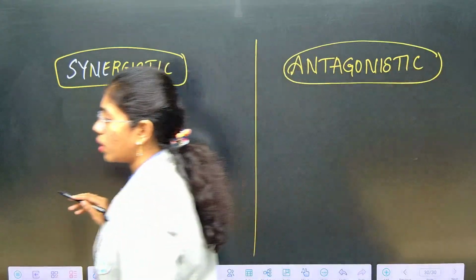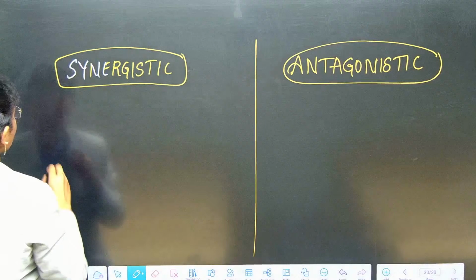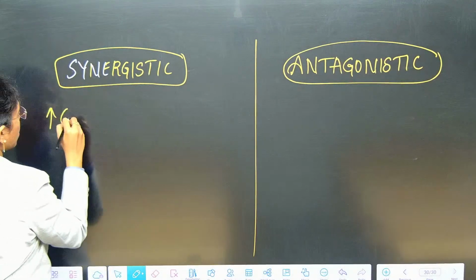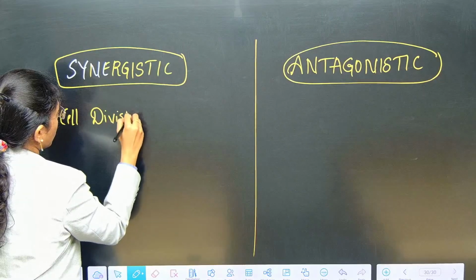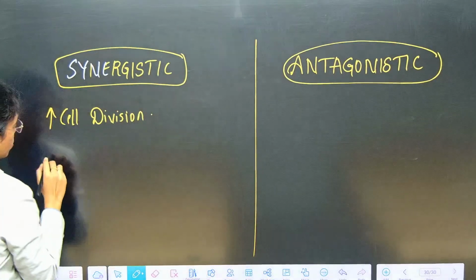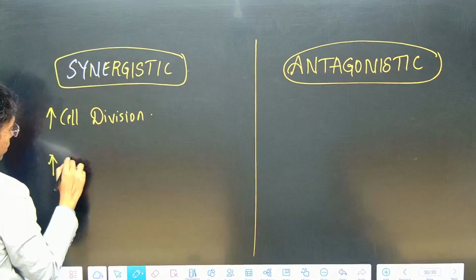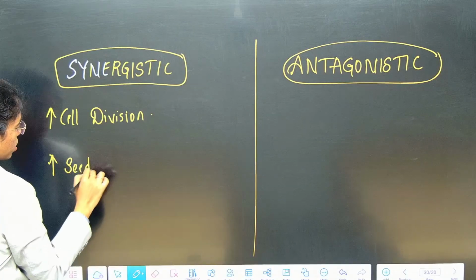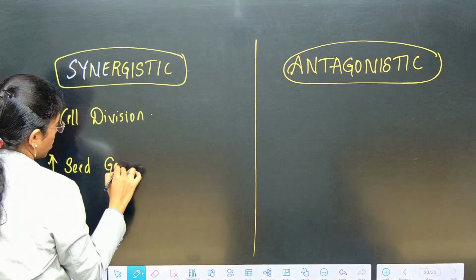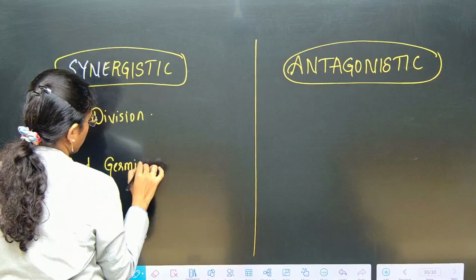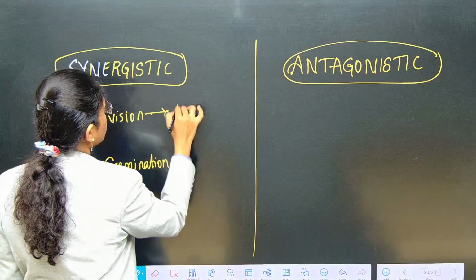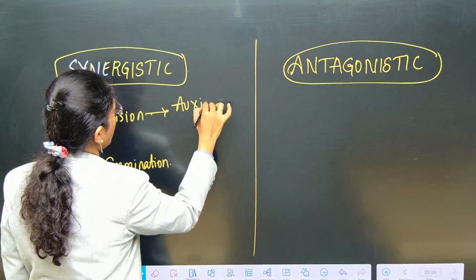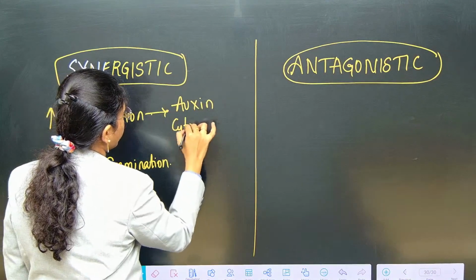Synergistic effects: those which promote cell division, cell division is by auxin and cytokinin.